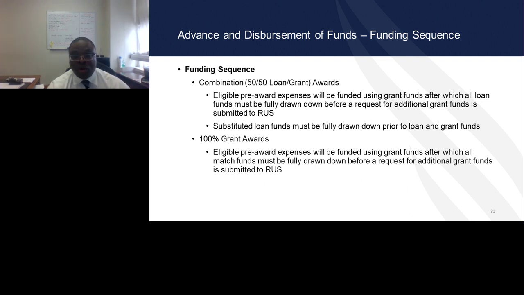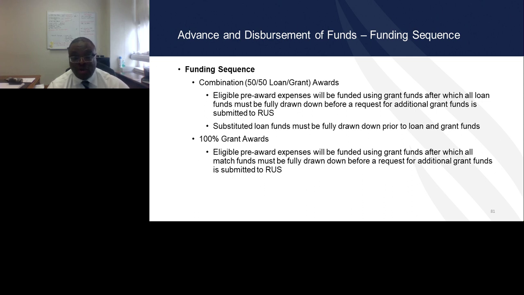So in the case of that 50-50, all loan funds have to be advanced first before grant funds can be advanced. Pre-award expenses can still be funded by using grant funds, but that's the only exception.